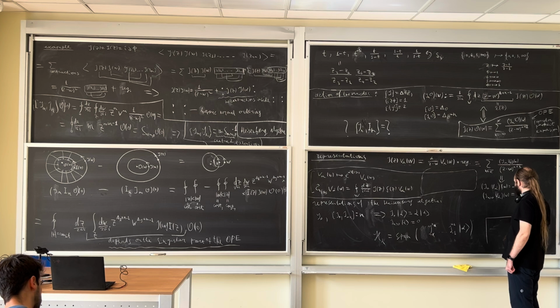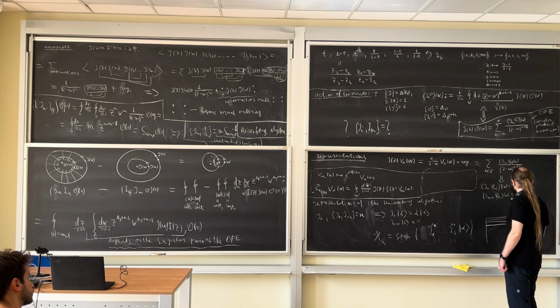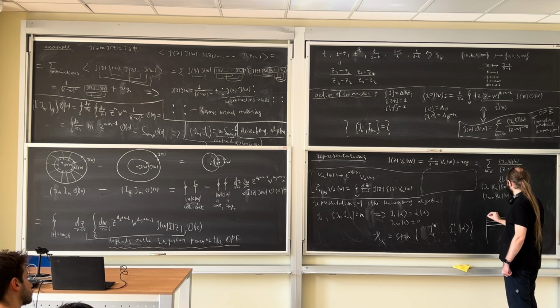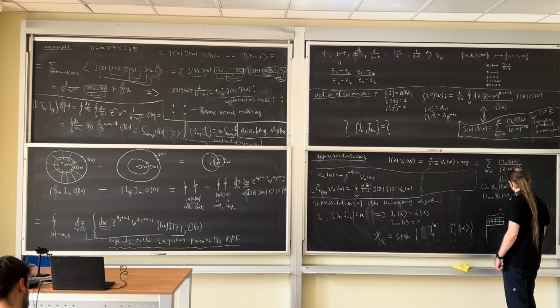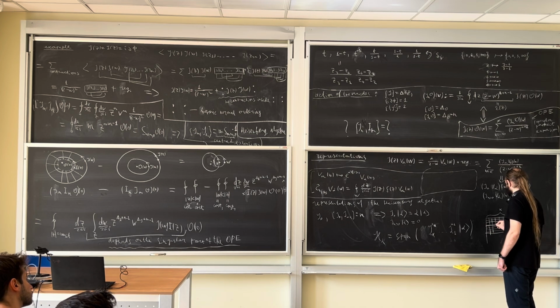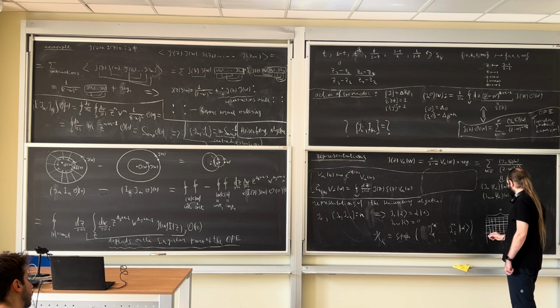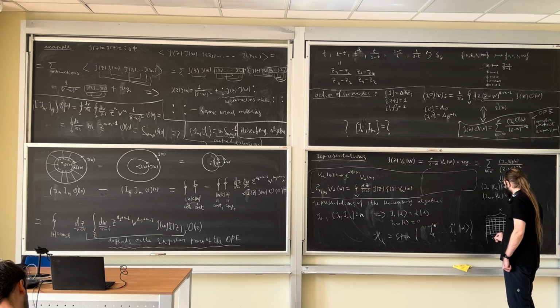Namely, we should write something like this: n_k rows of length k, n_(k minus 1) rows of length k minus 1, and so on.